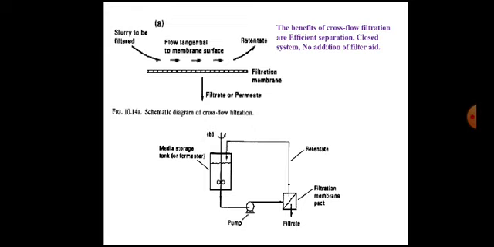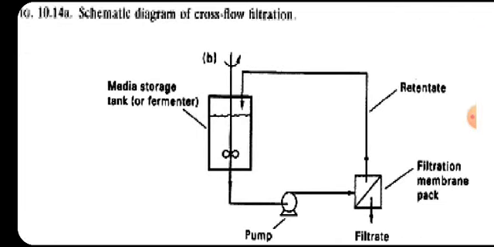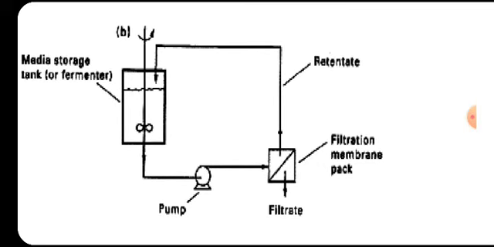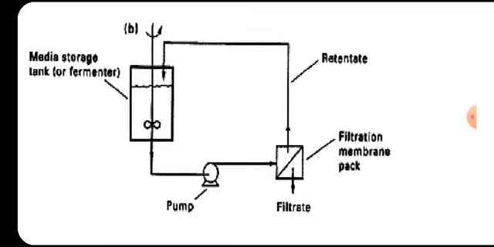This is a diagram that shows the flow sheet for this cross flow filtration. You can see this is the chamber, then from the bottom there is a pump that allows the passage of slurry from this chamber to the membrane filtration pack, which is tangentially arranged, and then the retentate will be collected and fed back into the storage tank.